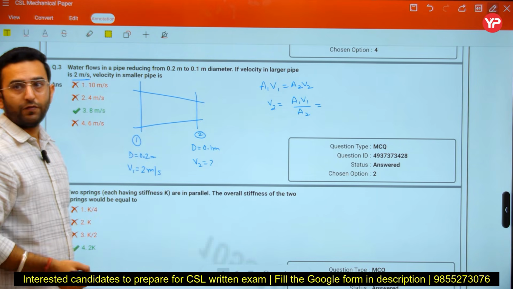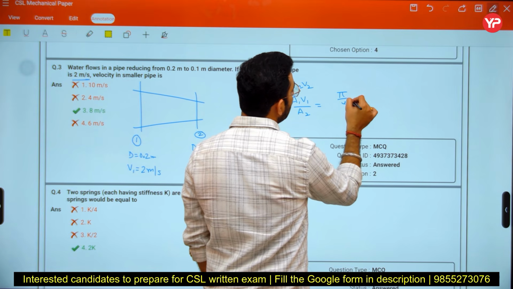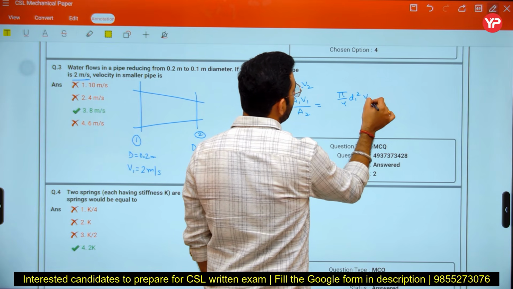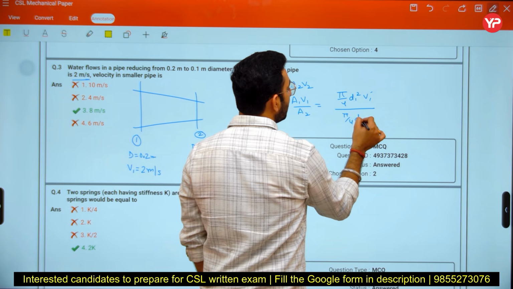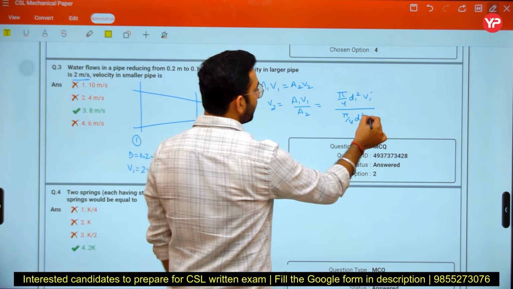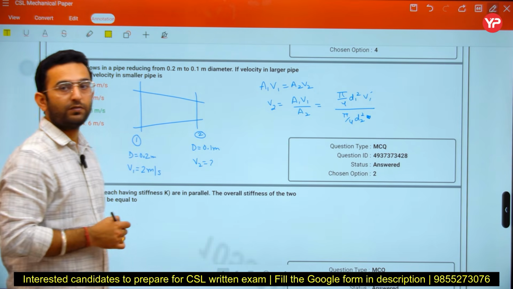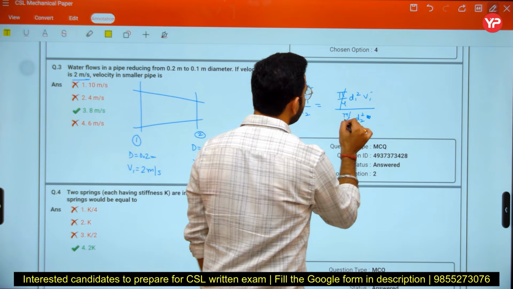Understood? Now what will be the value of the areas? Area can be written as pi by 4 d1 square, so V2 equals pi by 4 d1 square into V1 divided by pi by 4 d2 square. If you simplify it, you get V2.